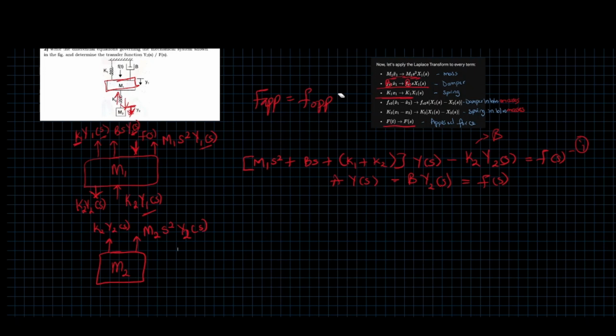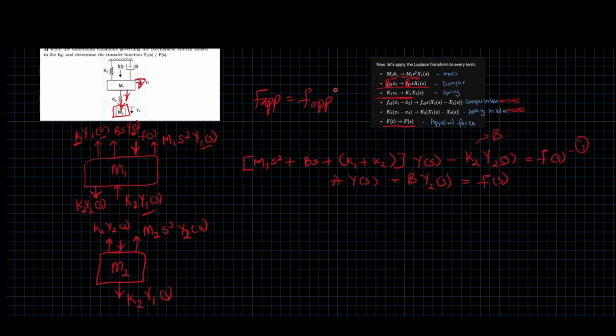And then when you hold M2 stiff and move M1 in its direction, it's going to be compressing the spring, which means it will be pushing on M2. So you can draw it here or here, anyway, you have space. Here is going to be K2. The displacement in this case is Y1, so Y1(S).